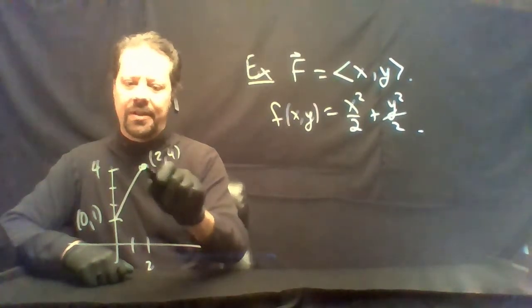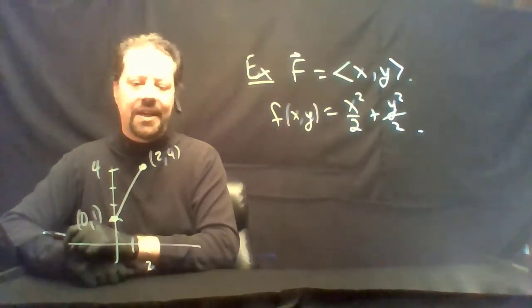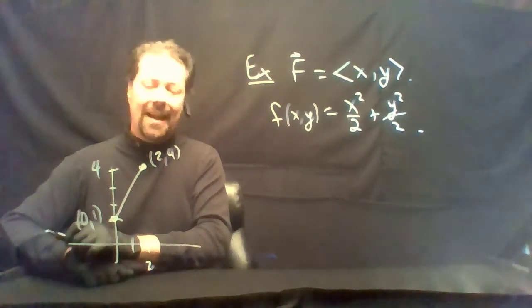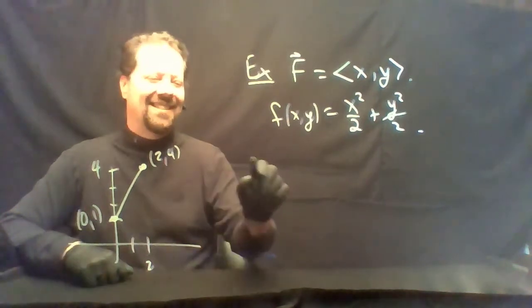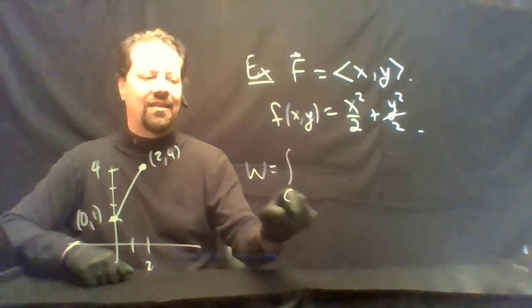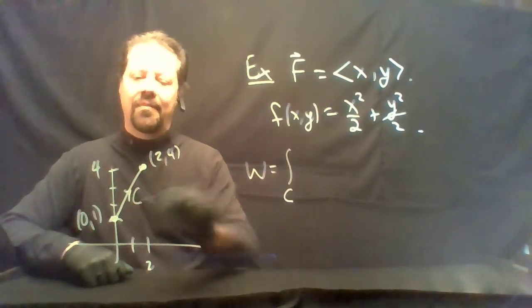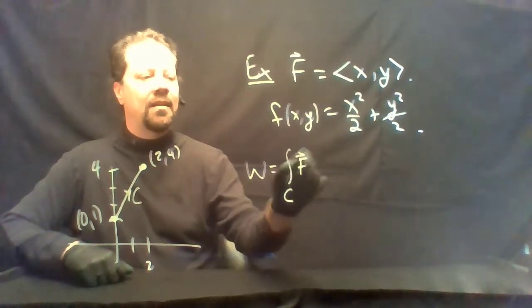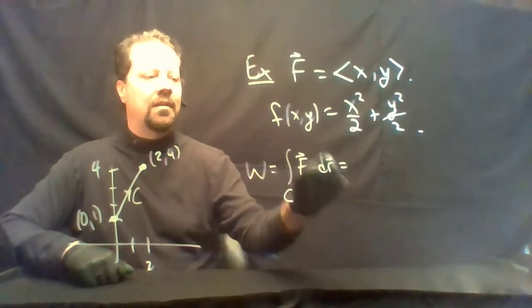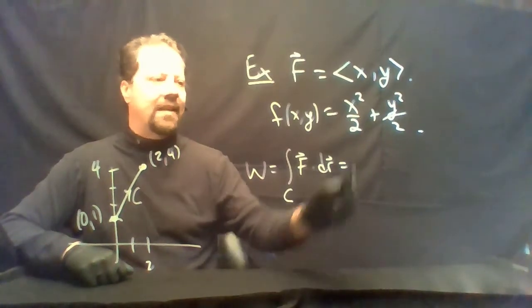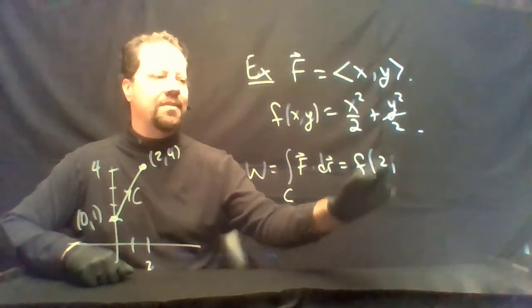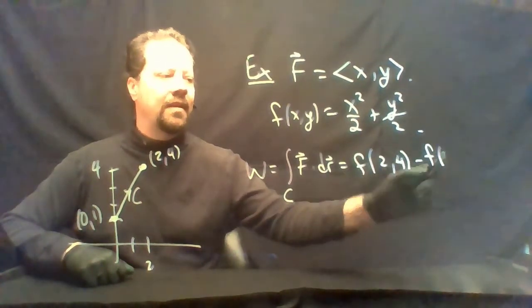What is the equation of that line? We need a parametrization of this path. Actually, we don't. To calculate the total work done along that path, all we have to do is evaluate the potential function at the endpoints and subtract.